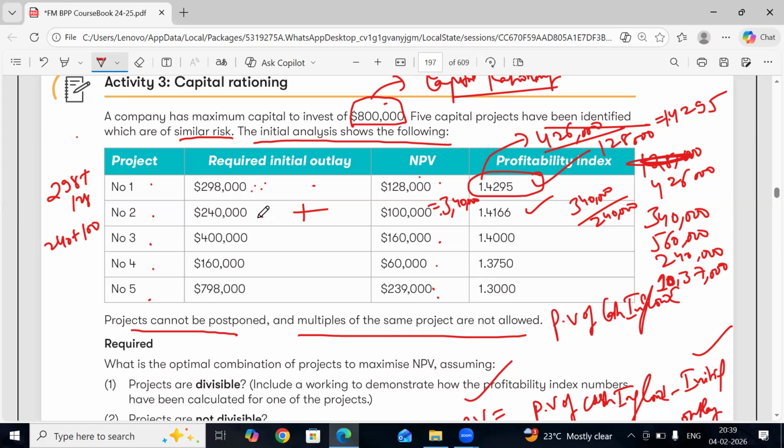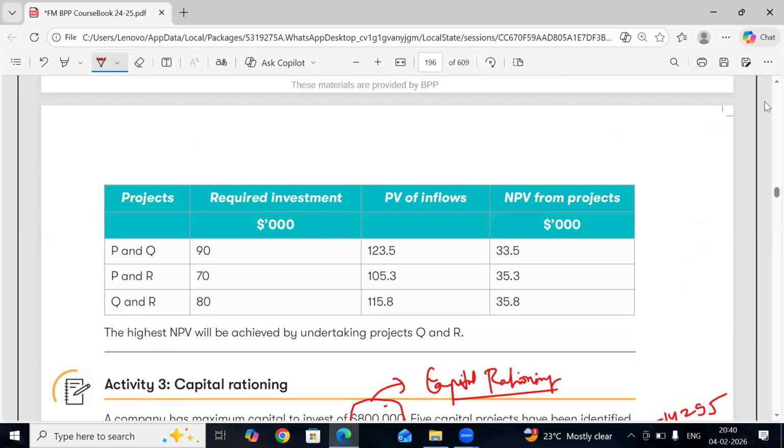So what shall we do? If the projects are non-divisible, what kind of method shall we be using? Any clue? Any one of you? For indivisible projects, we have to use NPV, and for divisible projects, we have to use profitability index.